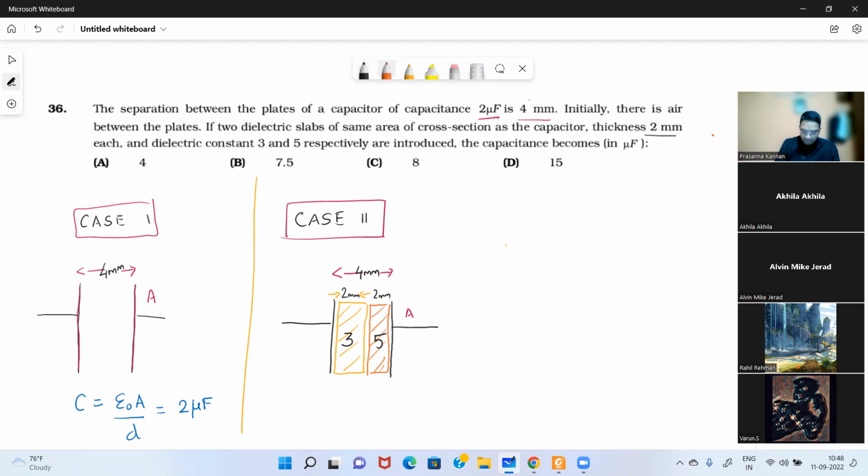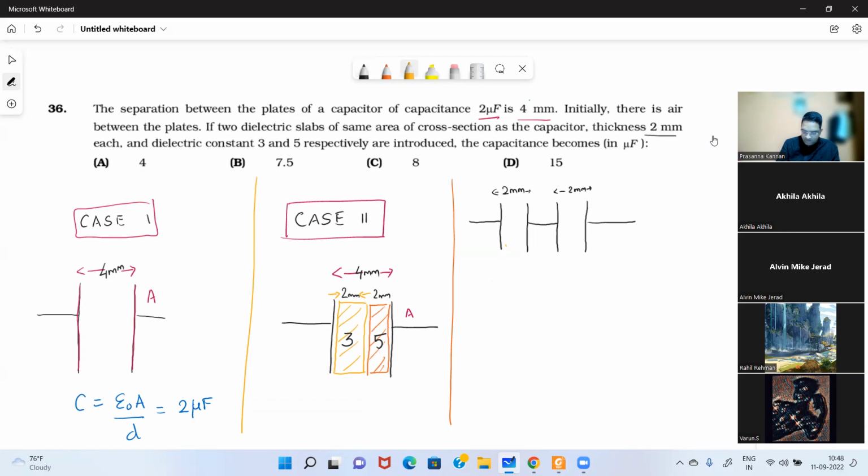Are you ready? Yes, sir. A very simple way we will derive it. I'll tell you how you can consider this. Split this up. This is equivalent to having two capacitors like this. The length is 2 millimeters each.